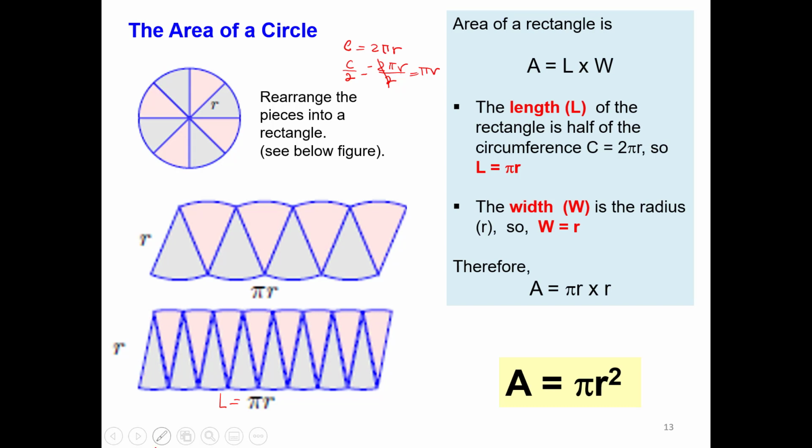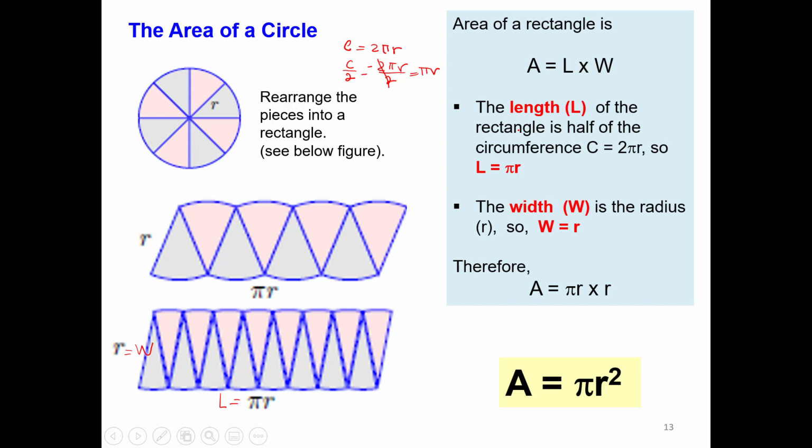Now if we plug these values into the area of the rectangle, which is the area of the circle, because if we calculate this area, this is the area of the circle.